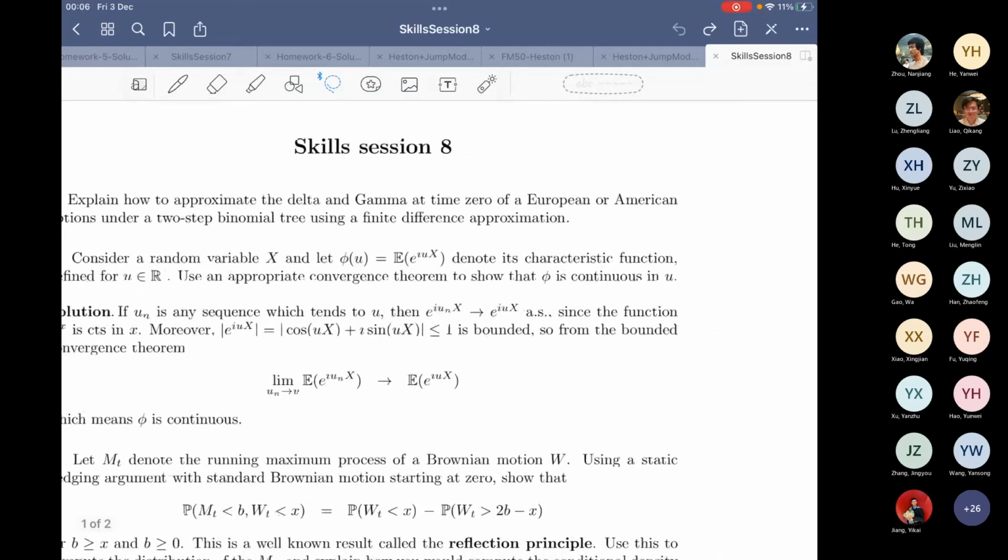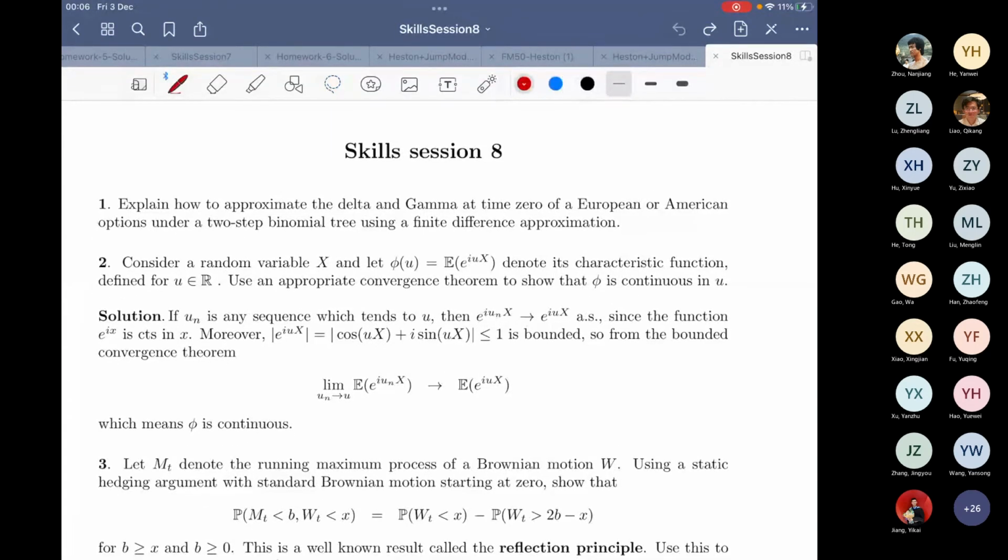So if I just draw our typical tree here. It works in more generality, so I'll consider the possibility of a path-dependent option as well. So we have S0 there, S0U, S0U squared, S0D, S0D squared, S0UD, S0DU.